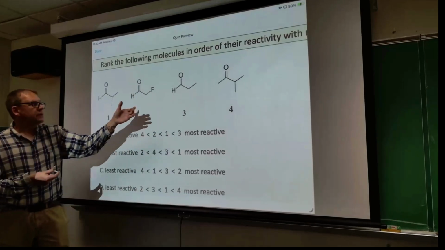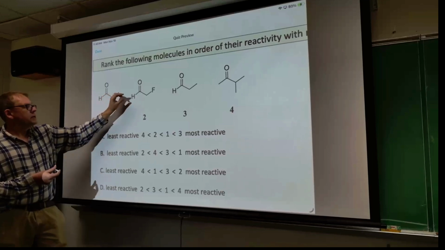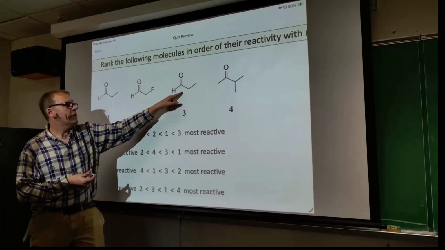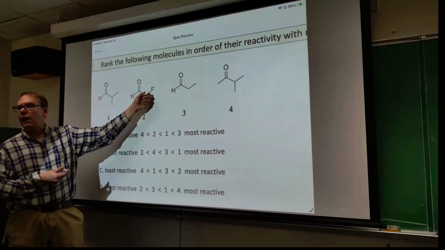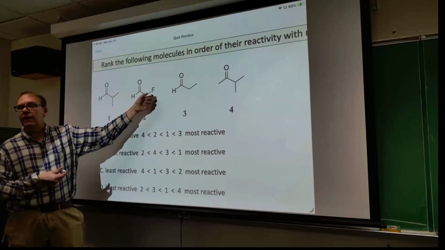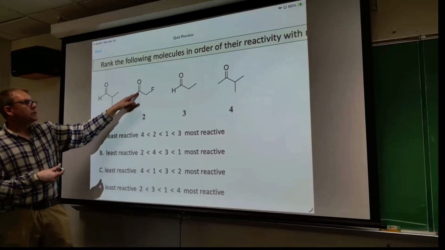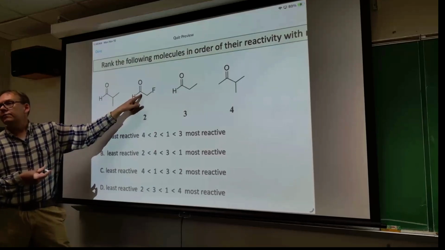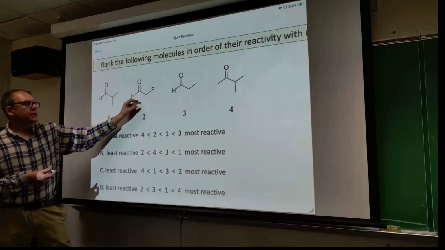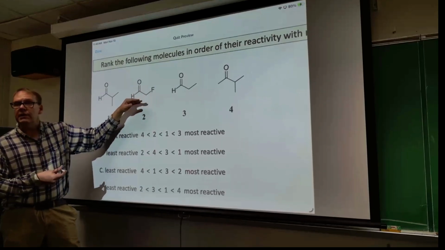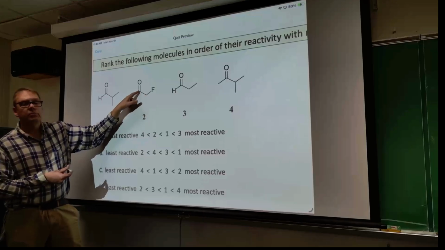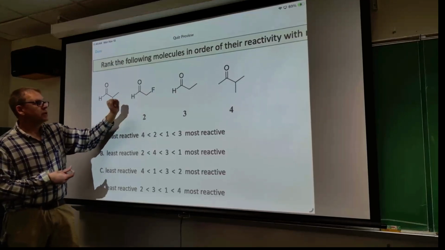So basically, this one's got a bigger group. These have smaller groups. Between these, the fluorine has a powerful electron withdrawing effect, so it tends to make this carbonyl really partially positive. So this is going to be the most reactive of the carbonyls up here because it's got minimal steric hindrance and it has this really strong partial positive charge there. So this is the most reactive.